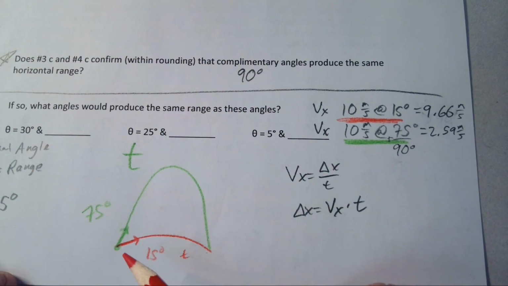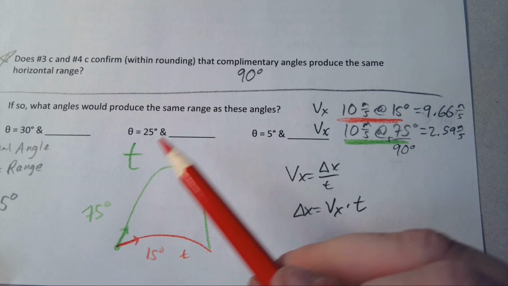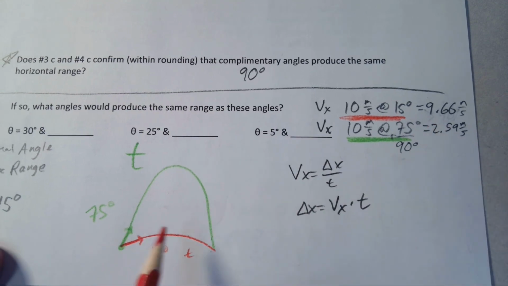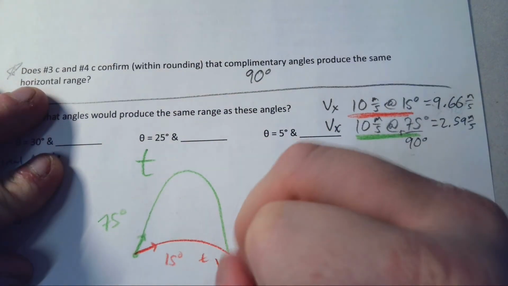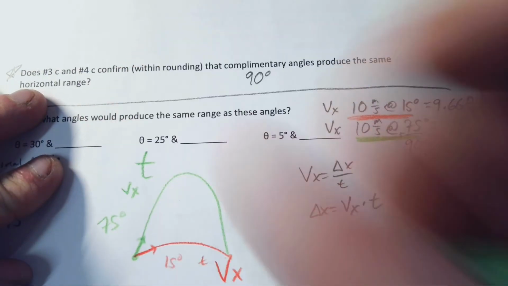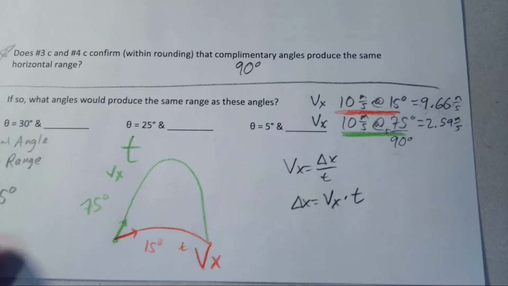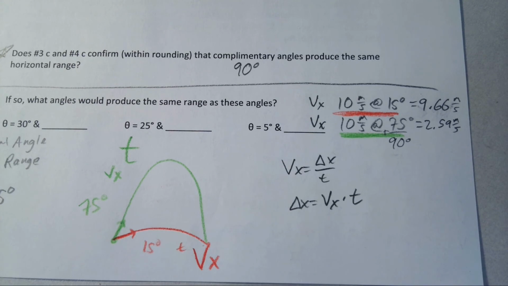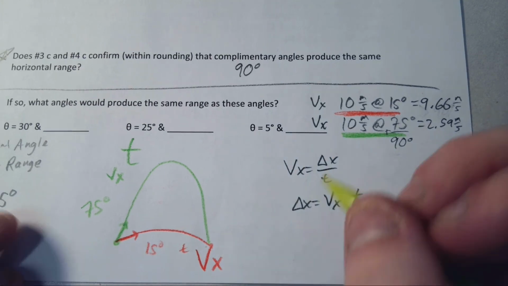In the short amount of time it's in the air, it's moving really fast horizontally. Whereas the green one is in the air for a substantially longer amount of time, but how fast it's actually moving sideways is a lot smaller. So in this case we have a big Vx, and in this one we have a small Vx. Those two factors end up canceling each other out, and the delta x is going to be the same.